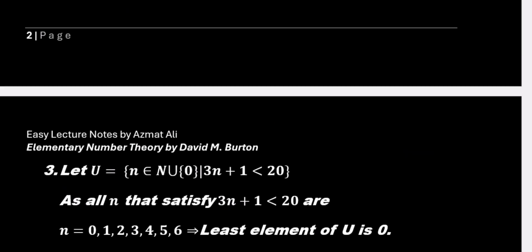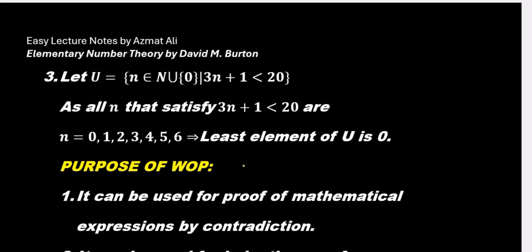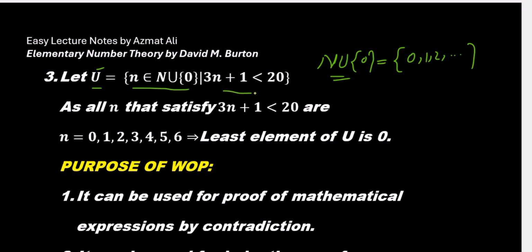In the third example, let U be a set of non-negative integers. Here N union 0 shows the set of all non-negative integers, that are 0, 1, 2, 3. So your set U consists of all those non-negative integers that satisfy the inequality 3n + 1 < 20.